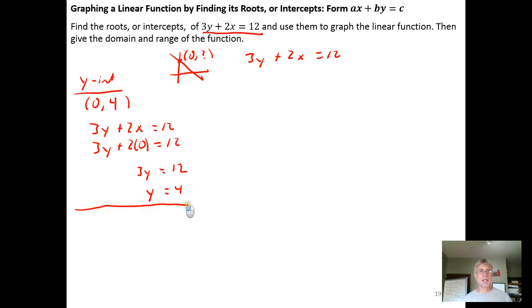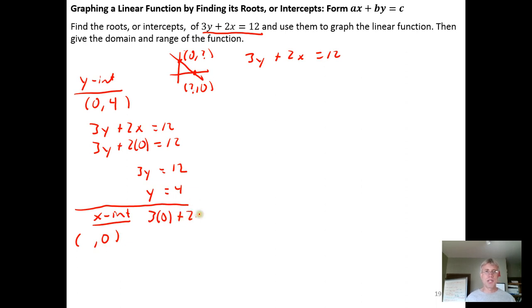And then we play the same game and we get the x-intercept as well. What we want to remember is that on the x-intercept, where we cross the x-axis, we may not know what x is, but y must always be 0 when it's on the x-axis. So we just take our linear function, 3y, but we replace the y with 0 because we know the x-intercept has a y-coordinate of 0 always.